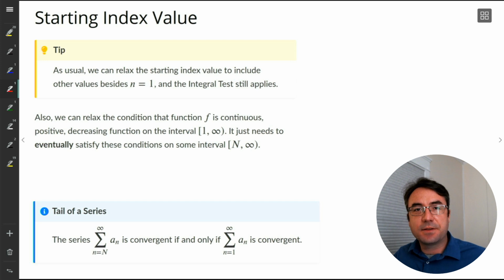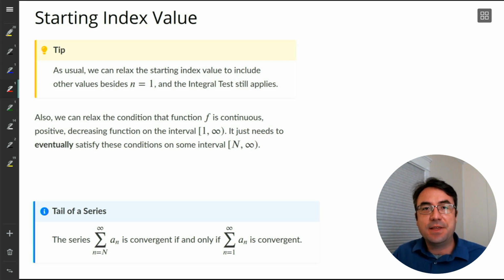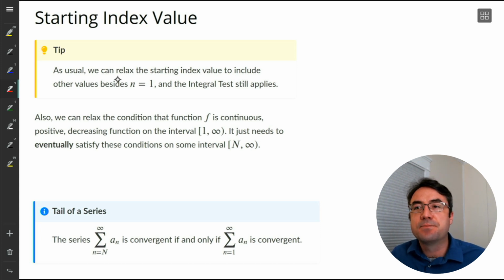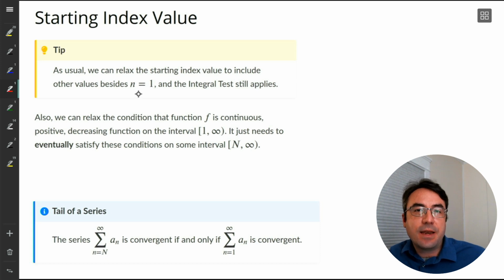So just the usual tip here, I guess, disclaimer, is that we start with the test written out in the ideal setting, and then there's certain things we can relax a little bit. So if we go back to the original statement of our test, the index started with n equals 1.